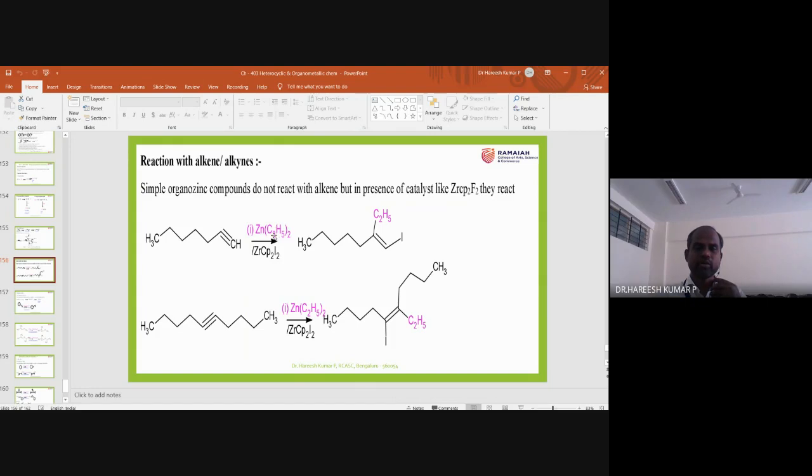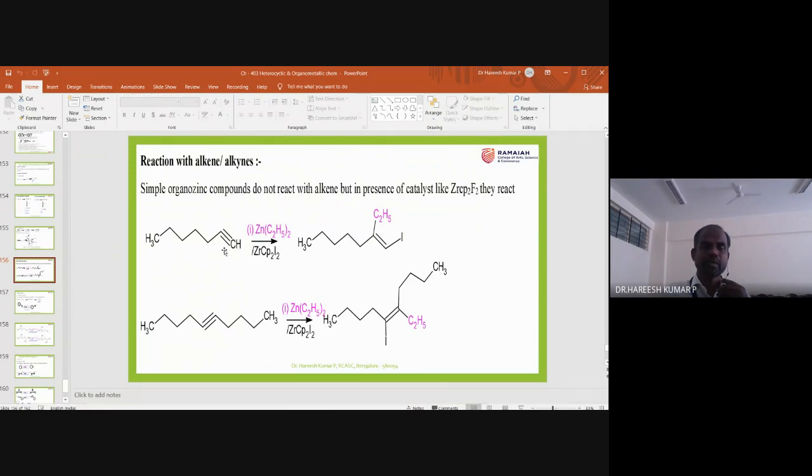This ethyl group will attack the more substituted carbon atom, whereas zinc will attack the less substituted, terminal carbon atom. So you will get a compound like this. This is the advantage, the application. If you want to insert an ethyl group onto this carbon, you have to go for a reagent called diethyl zinc.